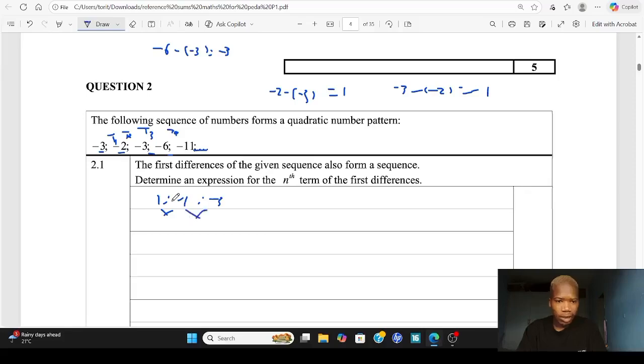Minus 1 minus 1 is equal to negative 2. And the difference here is minus 3 minus minus 1, which is the same as negative 3 plus 1, giving us a difference of minus 2.